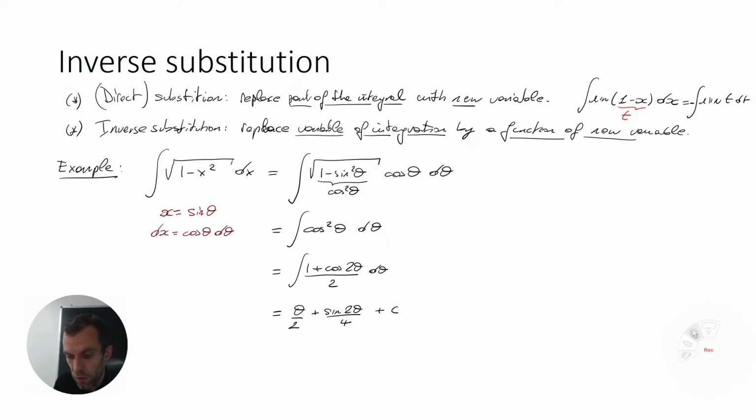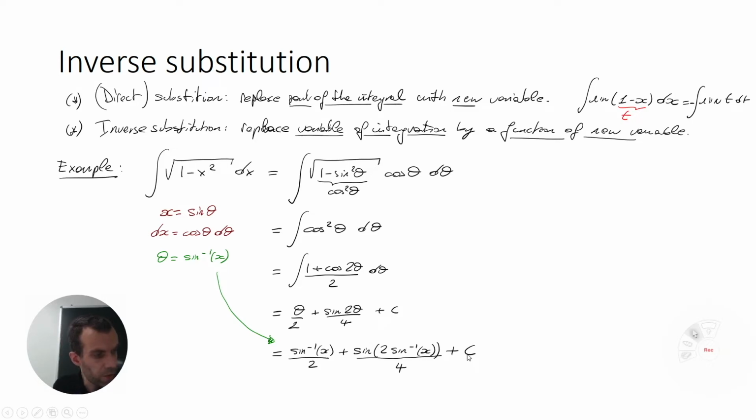So if we substitute x equal to sine theta, we also know that theta is the inverse sine of x. And so now substituting that back in the expression, we get sine inverse x divided by 2 plus sine of 2 times sine inverse x divided by 4 plus c.